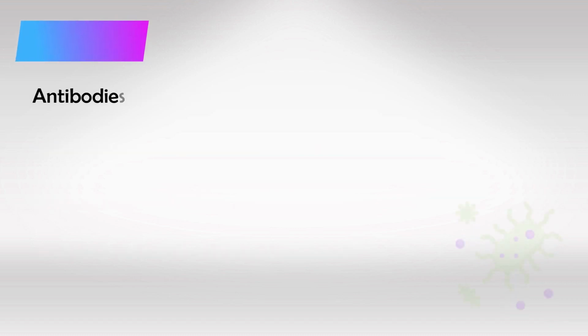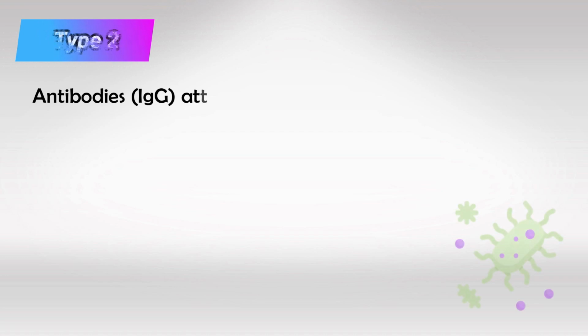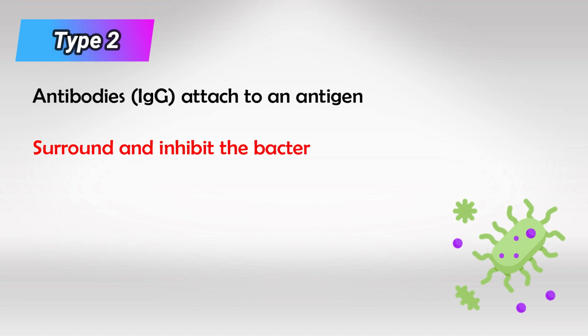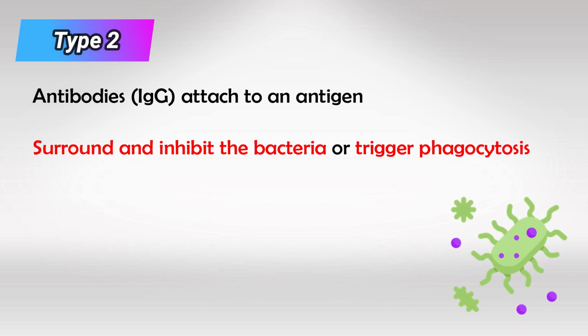The second type we have is type 2, and this involves antibodies that would attach to an antigen, most likely a bacteria. The attached antibody does one of two things: either engulfing the entire bacteria surrounding it, thereby dysfunctioning it, basically inhibits it from moving, multiplying, eating, or excreting, or by triggering natural killer cells to kill this bacteria.